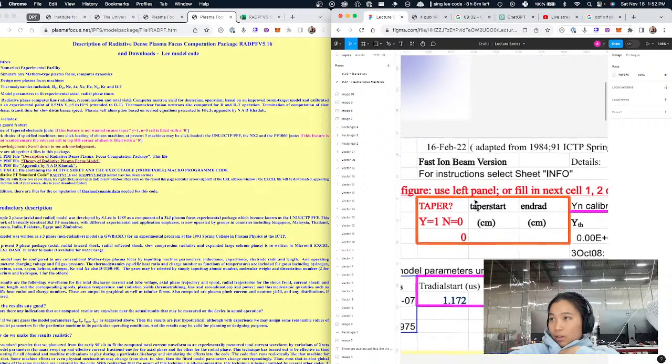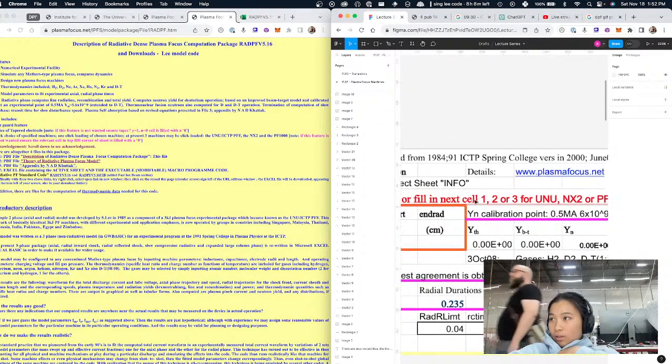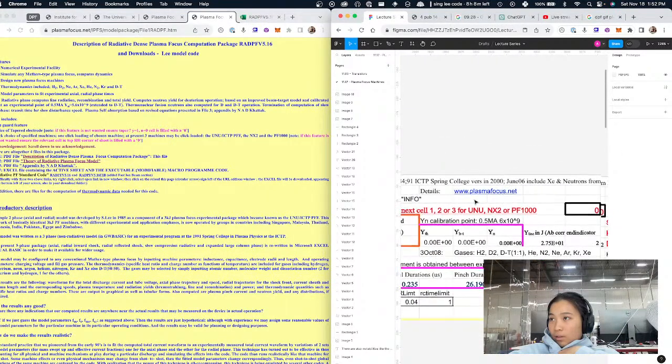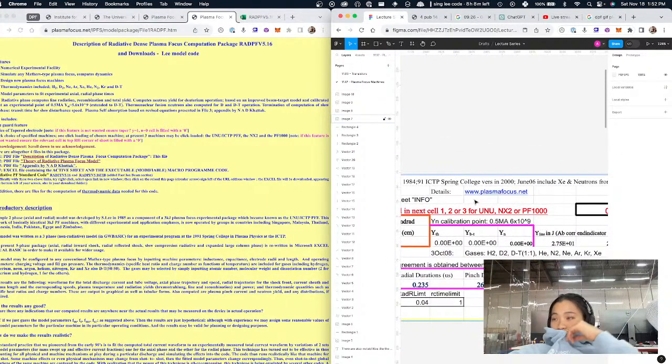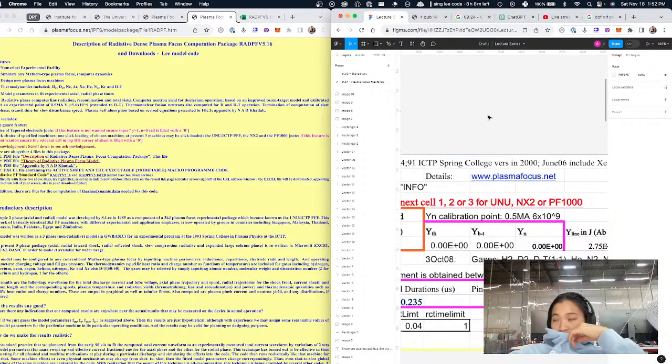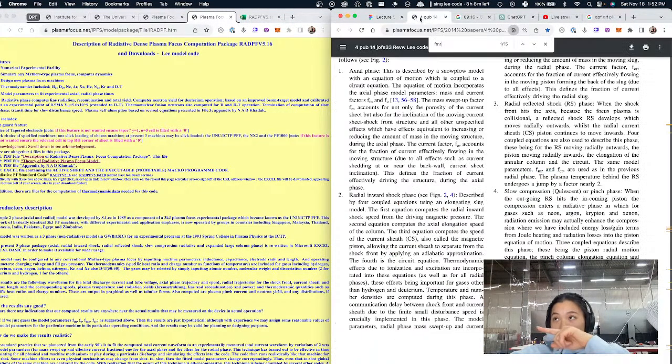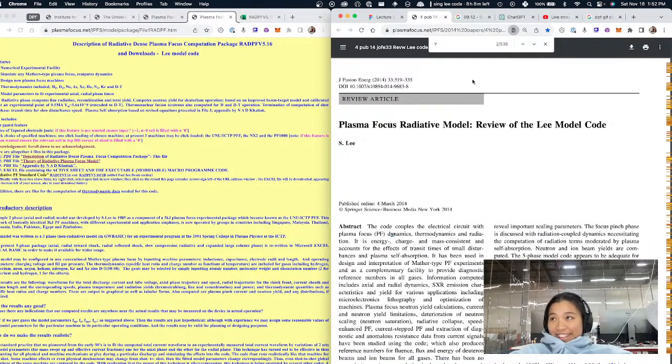There's some tapering. Okay, Y, I know, is the amount of neutrons generated. It could be wrong, but we're going to take that as a guess. Where are we at? Okay, that's not the most helpful thing, just because there's so many.